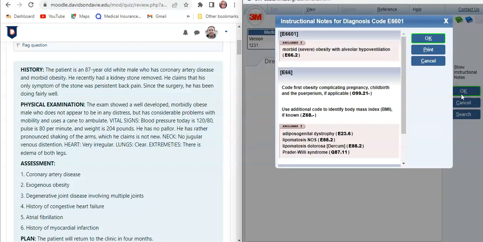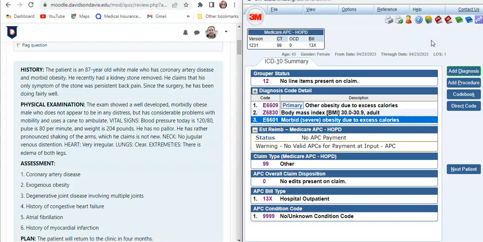It says that is morbid severe obesity due to excessive calories. Okay. Now, if we're coding according to the documentation here, that's not what it says. So either way, it's the right answer. Not quite sure how we get to that, but that's what it is.